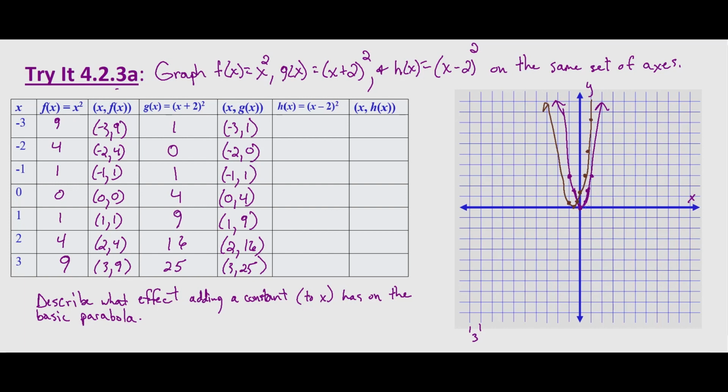We started out at 0, 0. Where's our vertex? Well, it's at -2, 0. So each one of our points, if we look, they are shifted to the left. And again, that's mainly revealed with the vertex.